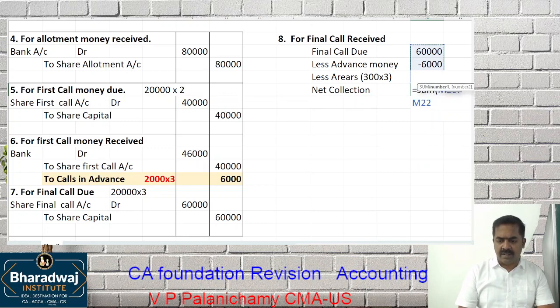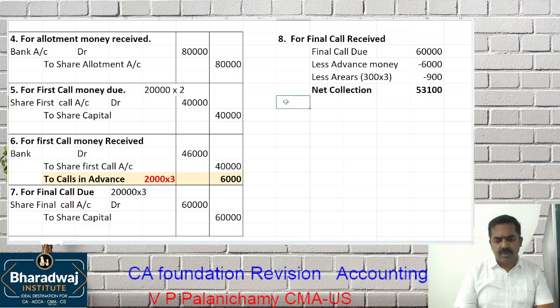Interest we have to pass as a separate entry. So what is the entry you have to pass? Bank account debit, we have to collect 53,100. Debit calls in arrears, how much? 900.